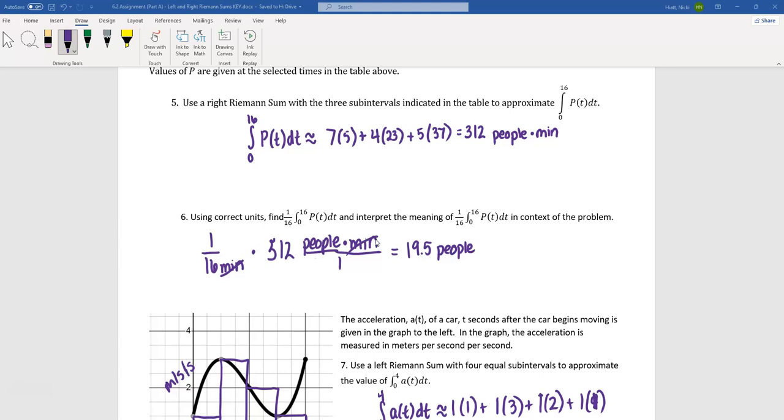So anytime we're doing anything with intervals that have limits on them, we want to give the time period when this is happening. So from t equals 0 to t equals 16, it's minutes on this one, right? Minutes.